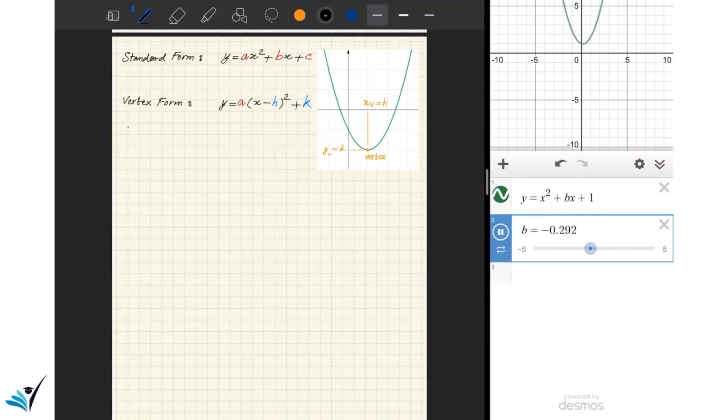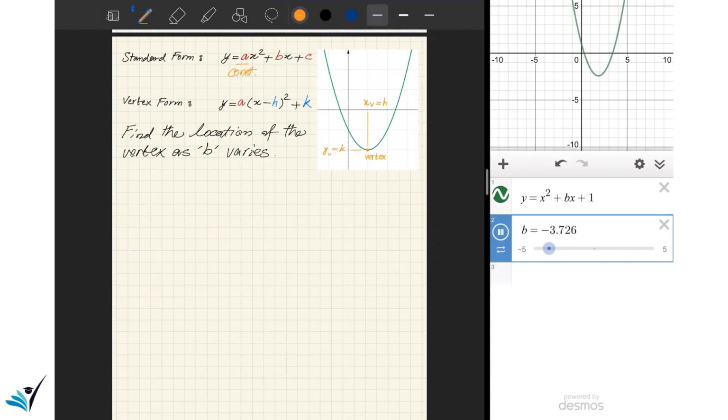So the goal here is to find the location of the vertex as b varies. Here in the standard form, a is constant, also c is constant, and b is a variable.